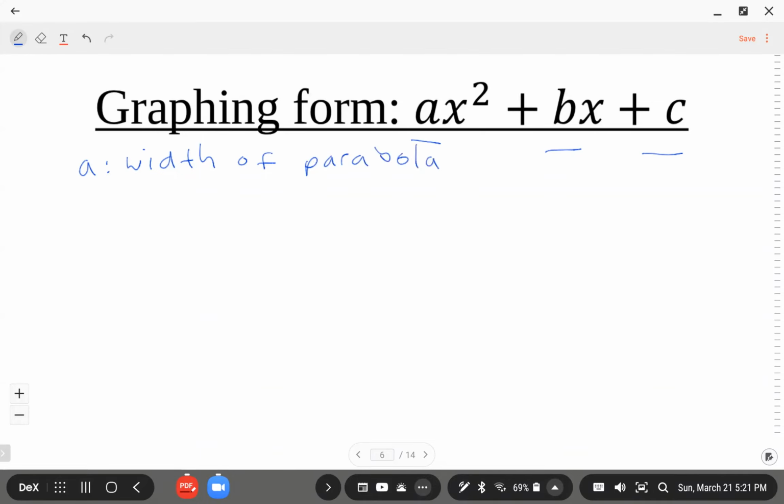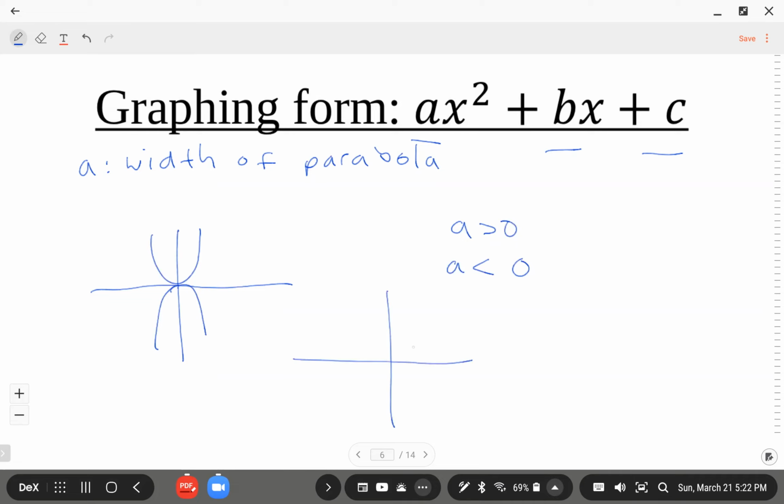When A is positive, it's going to be like this. When A is negative, it's going to be like this. So it all depends on the A. And the greater A is, the skinnier it's going to be. If A is like 1, it's going to be like this. If A is like 10, it's going to be like this.